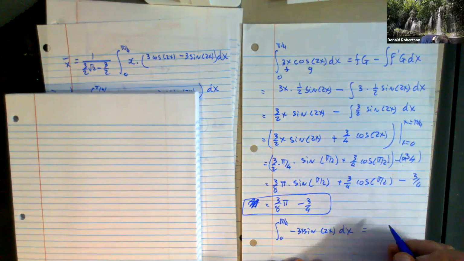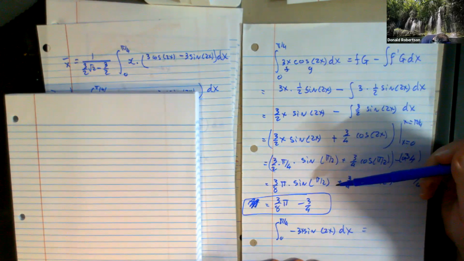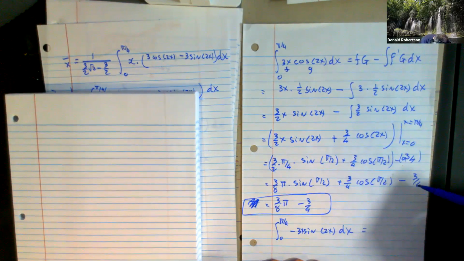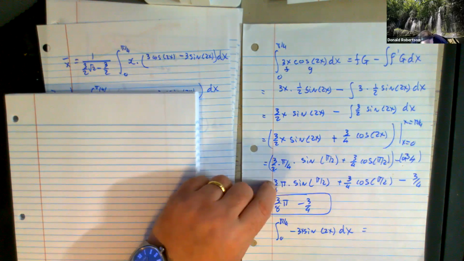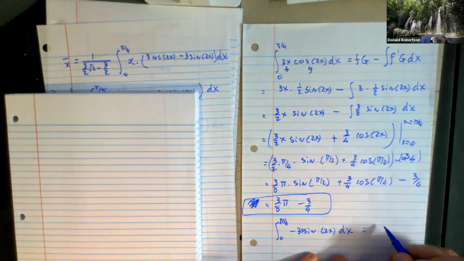So I believe, no, that can't be, that's too easy. That'll be cosine, that'll be sine, and that'll still be 3/4. I'm worried about what I think the answer is. Oh, that'll be a plus.